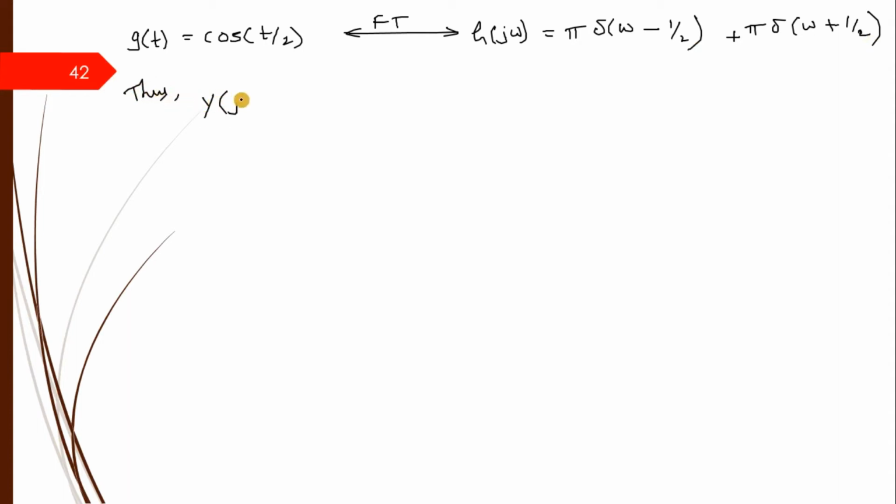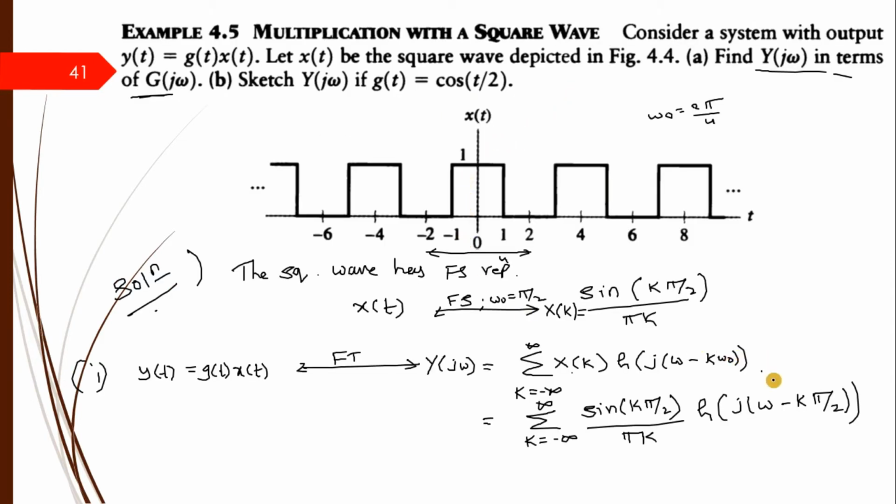So thus y of j omega is equal to, I copy from the previous slide the equation that we derived, this equation, summation k is equal to minus infinity till plus infinity, sine k pi by 2 divided by k, delta of omega minus 1 by 2. Okay, this is omega minus 1 by 2, but you know that it is g of j omega minus k pi by 2.